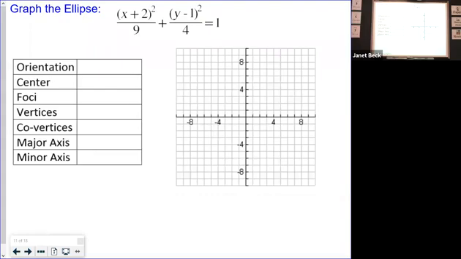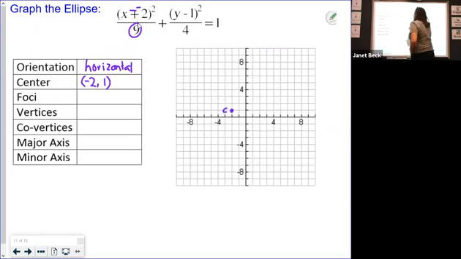Okay, so let's graph this one then. First thing to notice is that the bigger number is underneath x, so this one will be horizontal. The center will be at, you're subtracting -2, you're subtracting 1, so your center is at -2, 1.